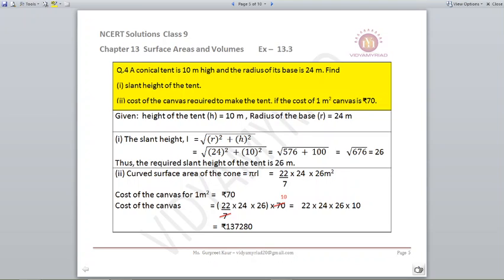So the total area of the cone, 22 upon 7 into 24 into 26, will be multiplied by 70. Now you see 70 in the numerator and 7 in the denominator. I can cancel it, I got 10, and my calculation becomes a little easier. So it comes to rupees 1,37,280.